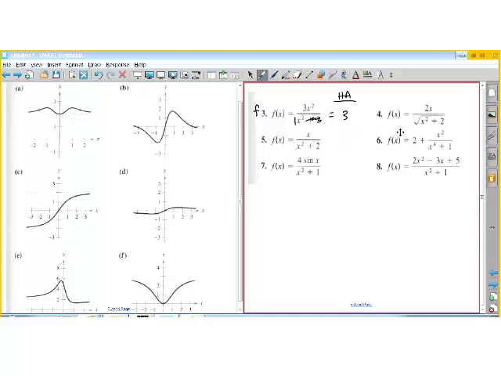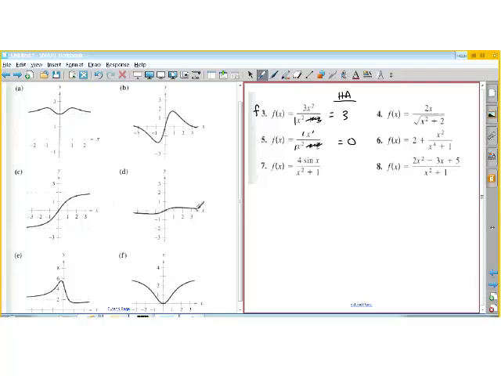Okay, let's go to 4. Let's skip over that because that has a square root, so that's the hardest one. Here we have x to the first power divided by x squared. Again, we only look at the highest order terms, and it really doesn't matter what the coefficients are in front. When this number is less than that number, then the horizontal asymptote is equal to 0.